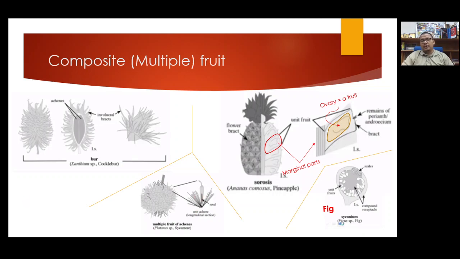The fig here is in the family Moraceae. It's almost the same idea, as is the genus Xanthium. It has multiple flowers inside, stuck together to form a multiple fruit.